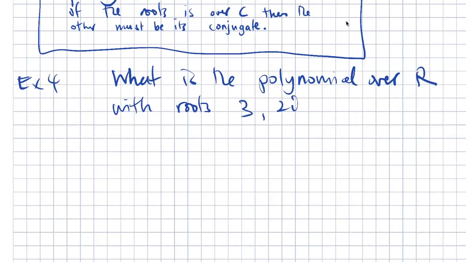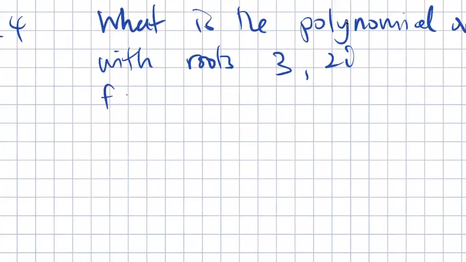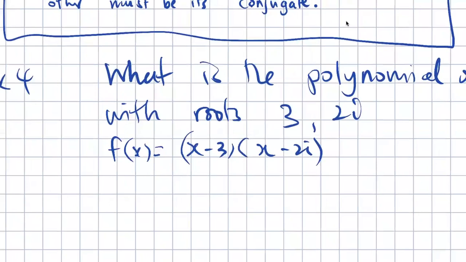So if I go ahead and set that out, therefore I've got f of x, x minus 3, I've got x minus 2i. But if I multiply that out, I'm going to end up with a complex coefficient. You can see there, I get x squared, minus 2ix, negative 3x, and negative 6i. So I'm going to end up with complex bits.